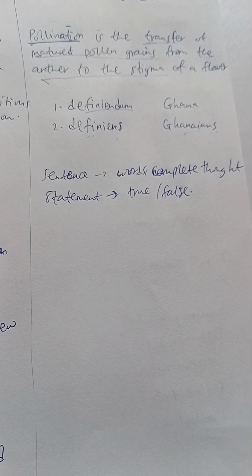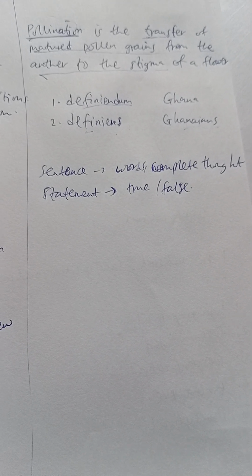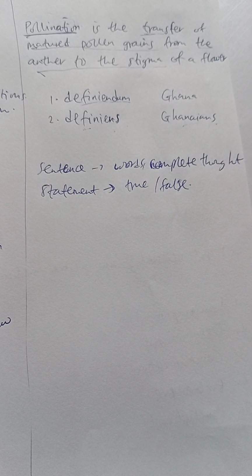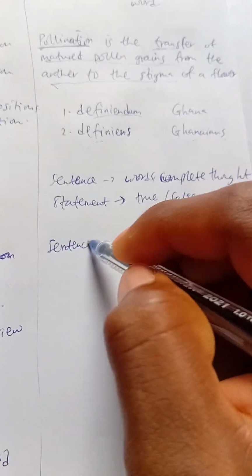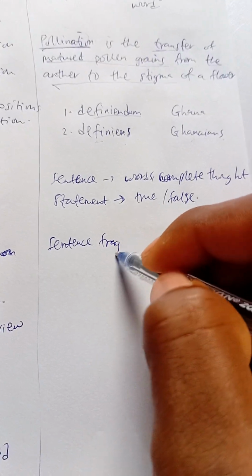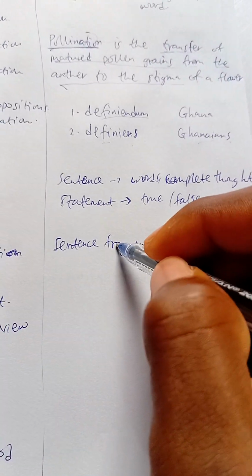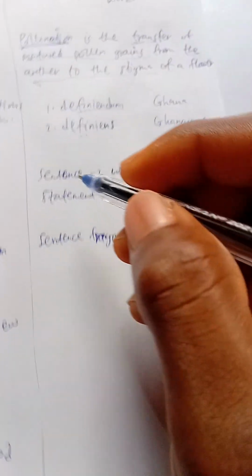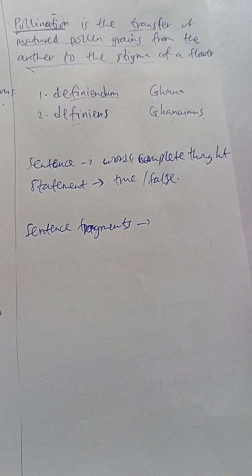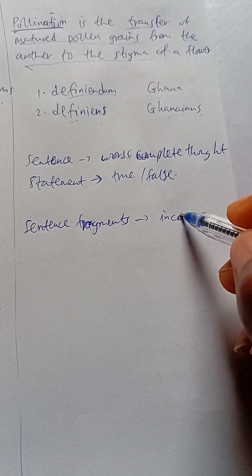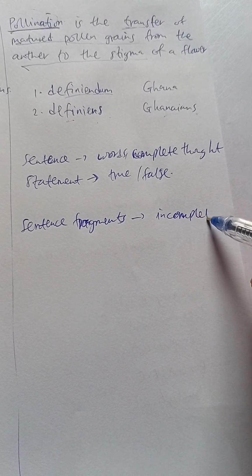All right. So we also have something called sentence fragments and emotive expressions. Sentence fragment. Obviously, fragment means just a piece, right? So over here, it's no longer a complete sentence. It's not making a complete thought. So kind of incomplete, right?